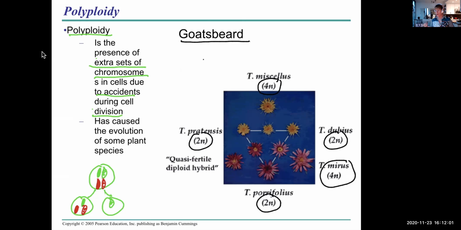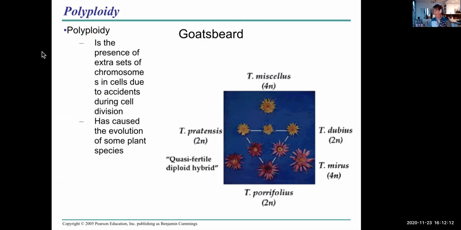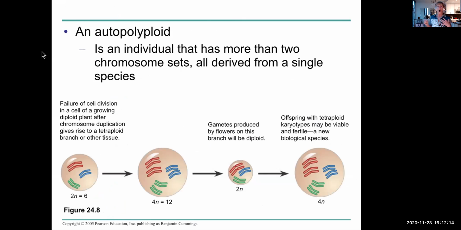Some of their difference is just attributable to the number of chromosomes that they have, because at some point there was non-disjunction. So an autopolyploid is an individual that has 2 chromosome sets or more than 2 from a single species.